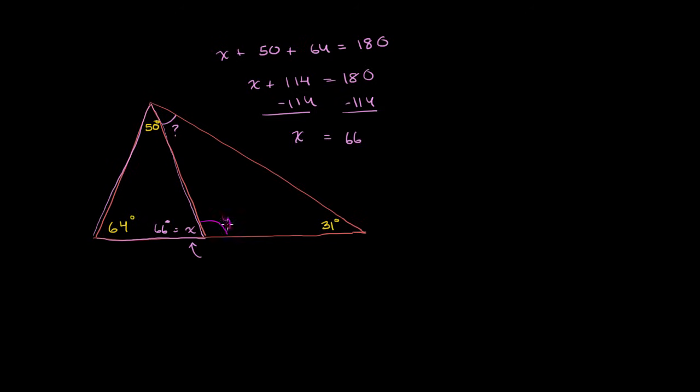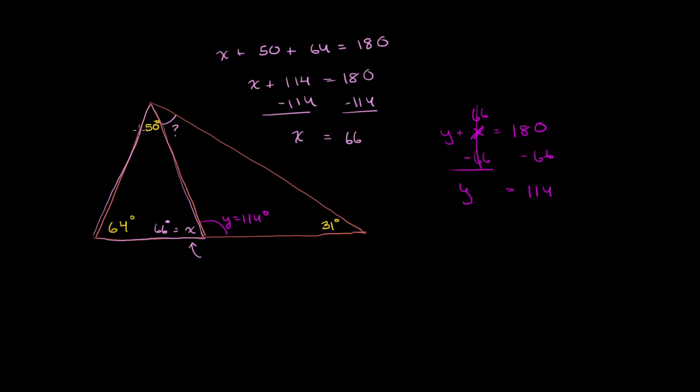So if we call this angle right over here y, we know that y plus x is going to be equal to 180 degrees. And we know x is equal to 66 degrees. So we can subtract 66 from both sides. And we get y is equal to, these cancel out, 180 minus 66 is 114. And that number might look a little familiar to you. Notice this 114 was the exact same sum of these two angles over here.